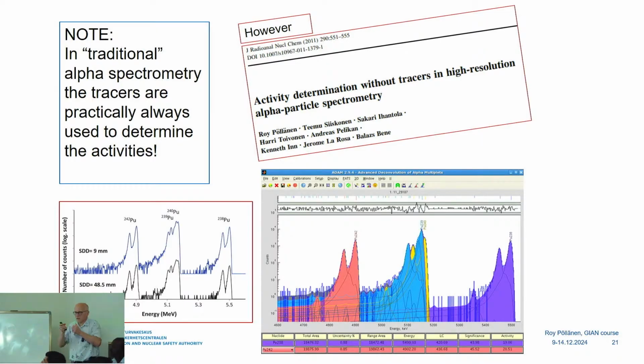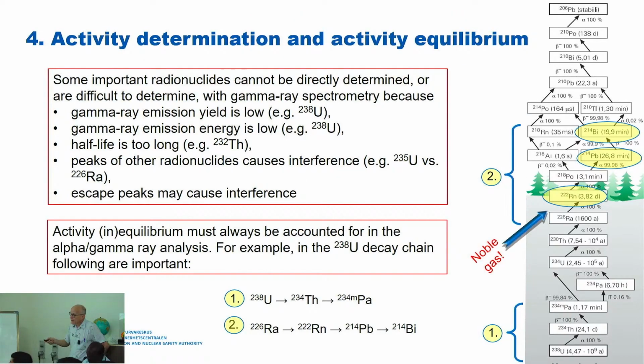They sent the source, but they didn't tell us the activities. So my task was to determine the activities, and without tracers. I made a measurement which is like this. Then I used our fitting software. Equilibrium must always be accounted for in the analysis.